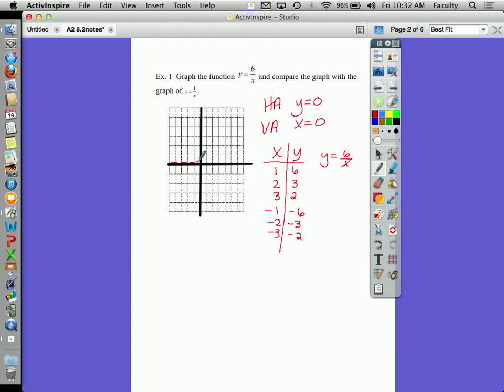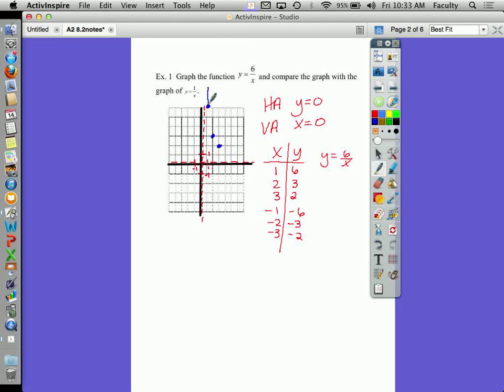Graph your horizontal asymptote and your vertical asymptote. All right, I am going to attempt to go by ones, and I'm just going to extend it down a little bit. So here's 1 comma 6, 2 comma 3, and 3 comma 2.